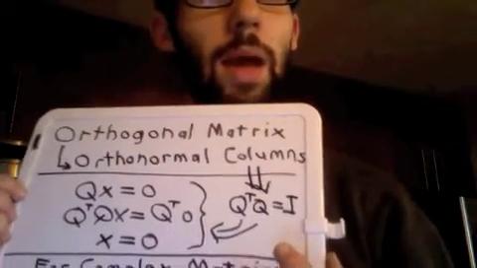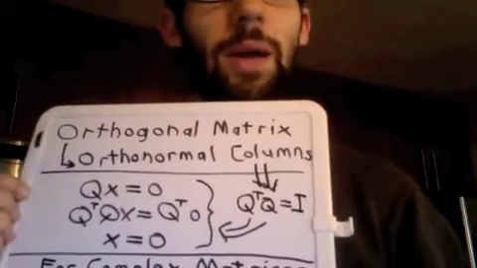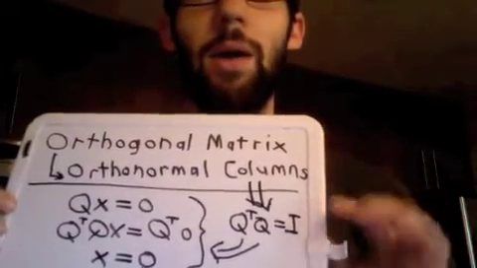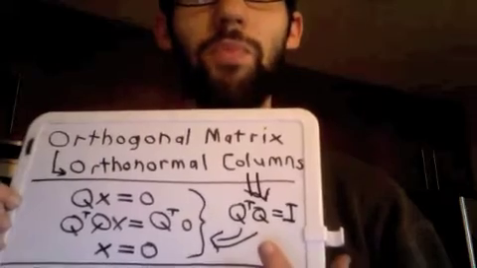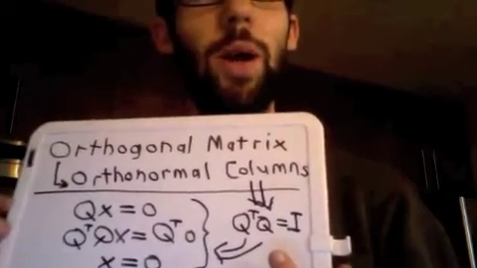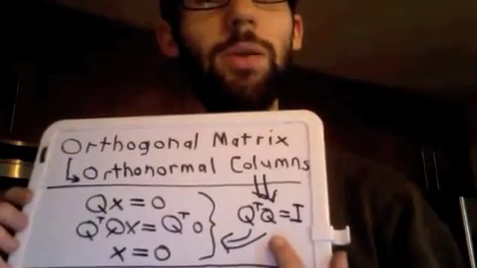So notice we're saying here that Q transpose Q equals I. We will see as we go through the rest of this chapter that QQ transpose is not necessarily equal to I. Think of how Q could be rectangular. Q does not have to be square. So this actually says something quite strong.